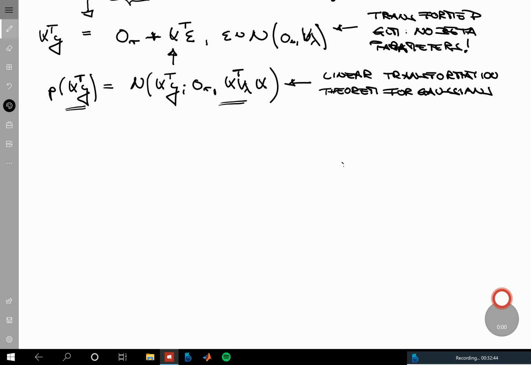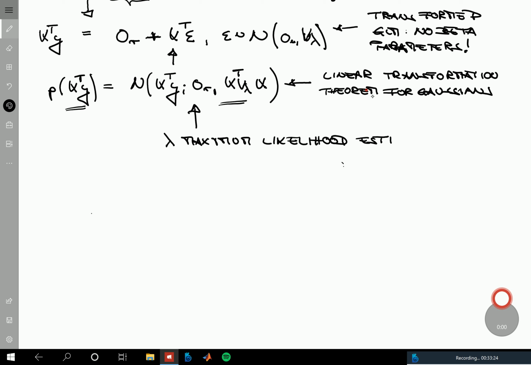And I think this is where I want to stop today, because the problem of restricted maximum likelihood estimation is then to do maximum likelihood estimation of lambda in this transformed model. We don't have to estimate any beta parameters in this transformed model because there are none, but we can estimate the lambda parameters.